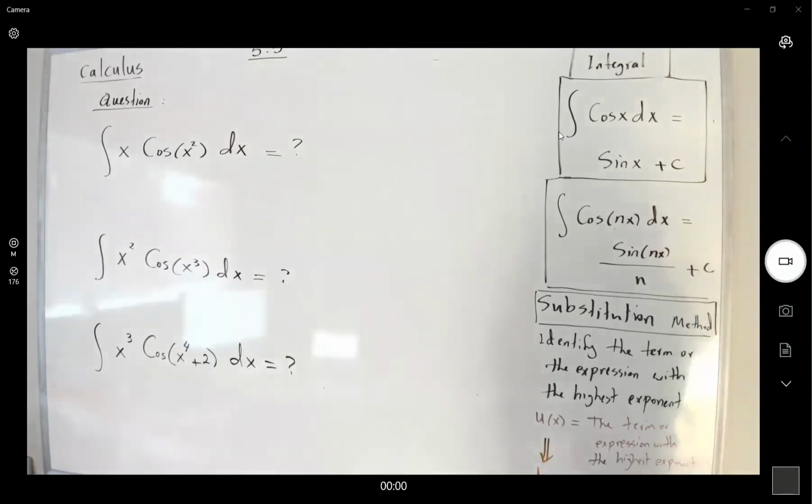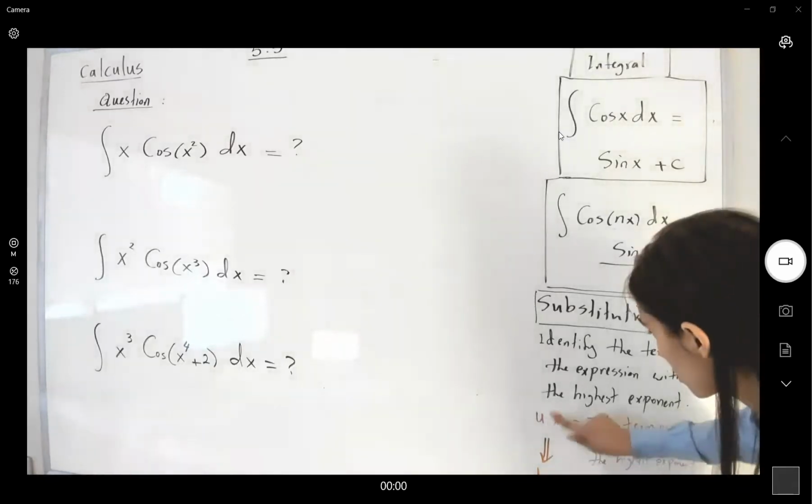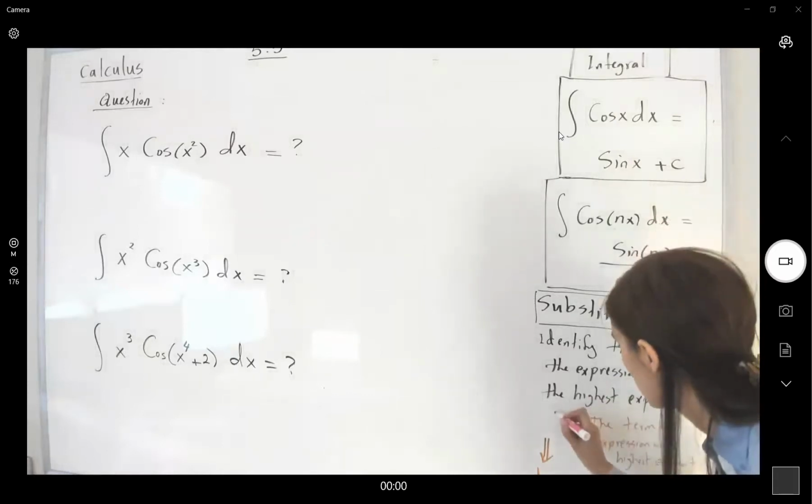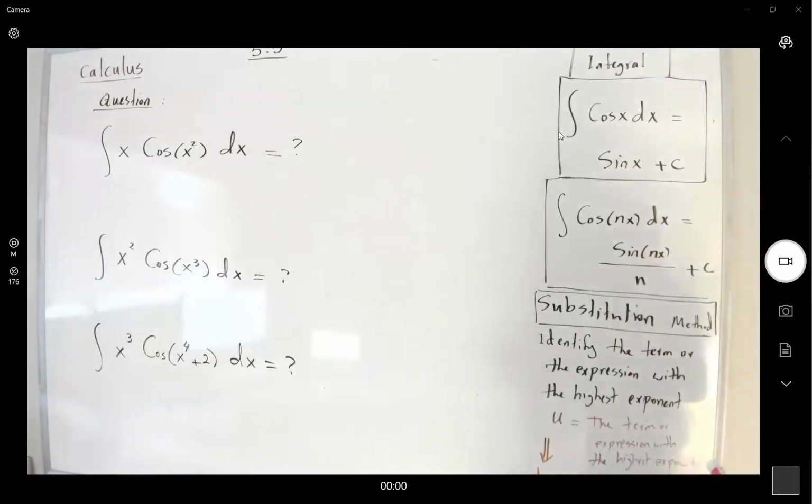This is what we're trying to do. So let's just write down u here. u is equal to the term or expression with the highest exponent. Then your job is to find du and take the integral with respect to u.